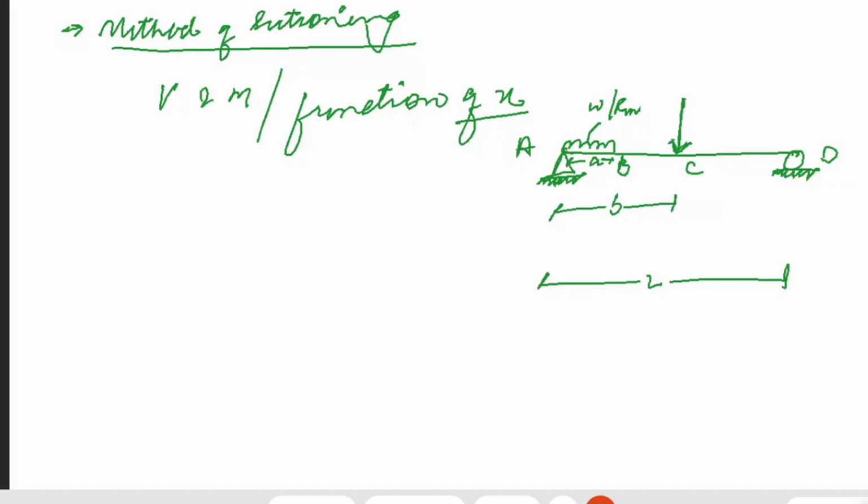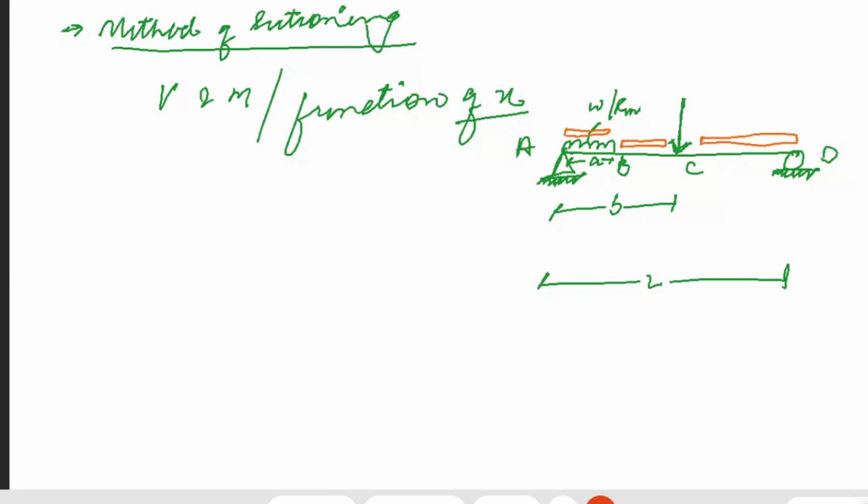So how will we make it a function of x now? Because it is discontinuous throughout the beam, we will have different shear force and bending moment diagrams. I will have a different shear force for this element, a different shear force for this element, and a different shear force and bending moment for this element.